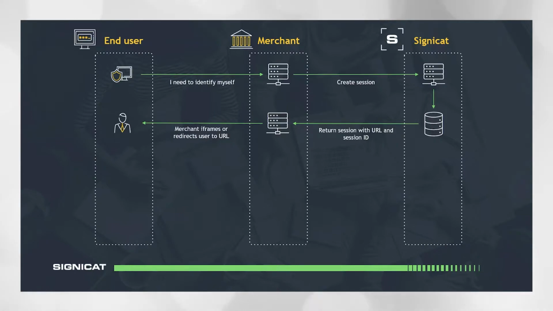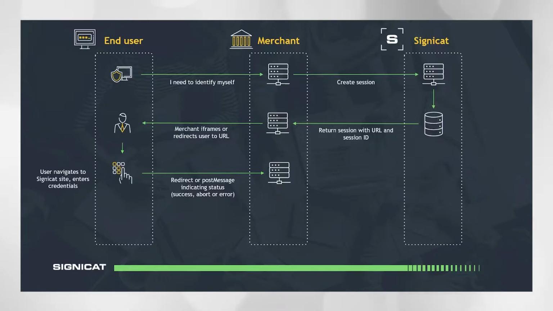The user navigates to the Signicat site, enters their credential in the IDP that is selected. Then they get a redirect or post message indicating the status. This status can be success, abort, or error. In the case of error, you will also get an error code in the URL.